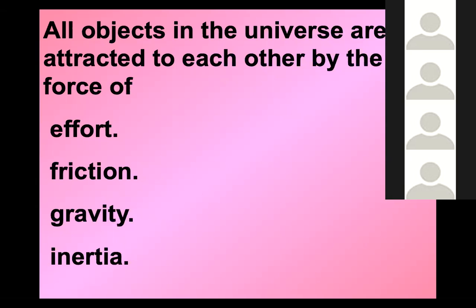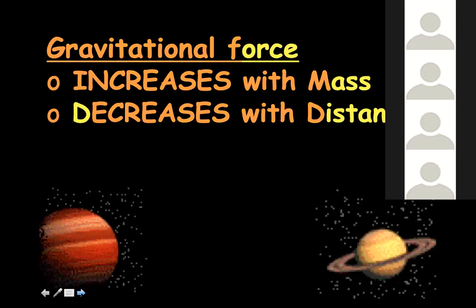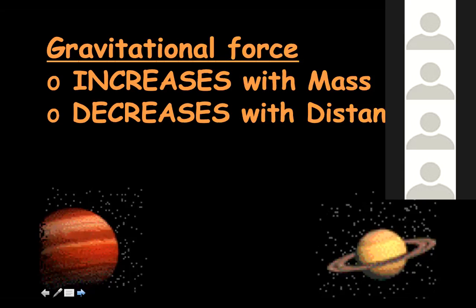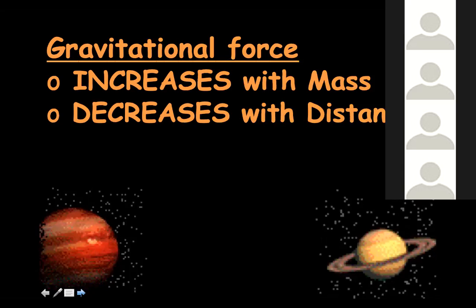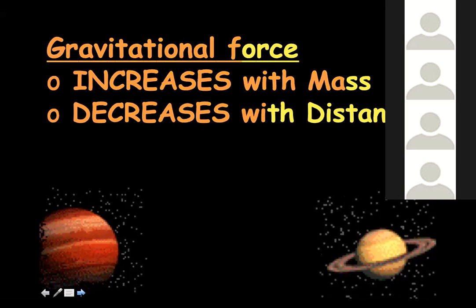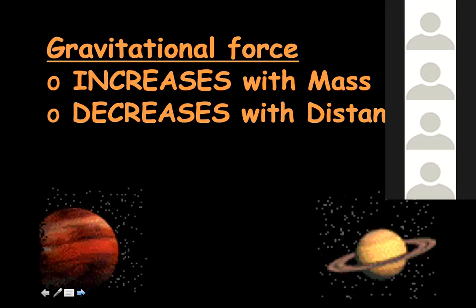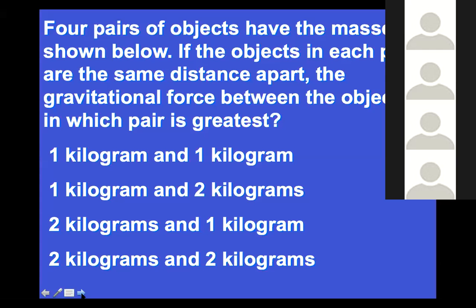We're not going to talk about it today, but we are going to talk a lot about Newton's law of gravity here. So remember, according to Newton's law of universal gravitation, the gravitational force increases with mass, but decreases with distance. This is an important concept to think about today when we talk about how things fall.